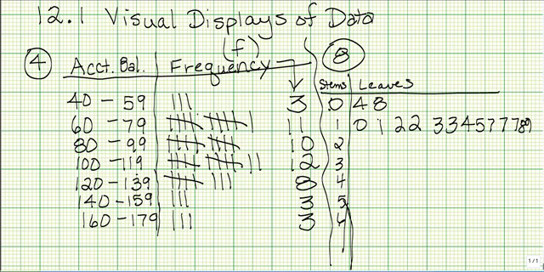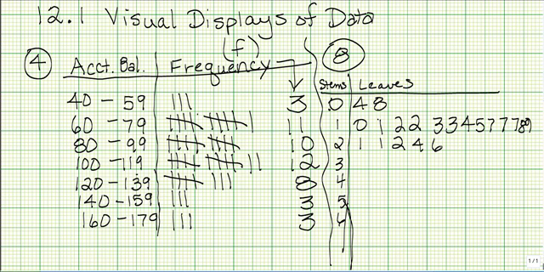In the 20s, we've got 2 21s, a 22, and a 24 and a 26.